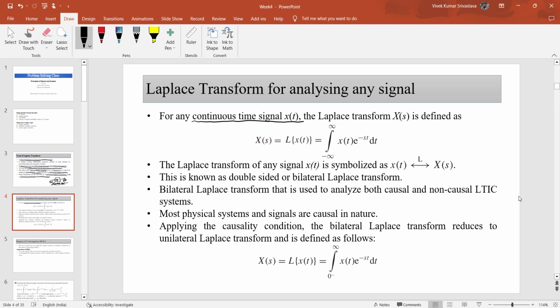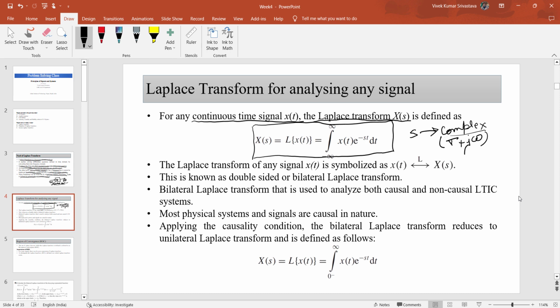The Laplace transform of this signal is defined by this equation: X of s is the integral from minus infinity to infinity of x of t times e raised to the power minus st, dt. Here s is a complex number, defined as sigma plus j omega.